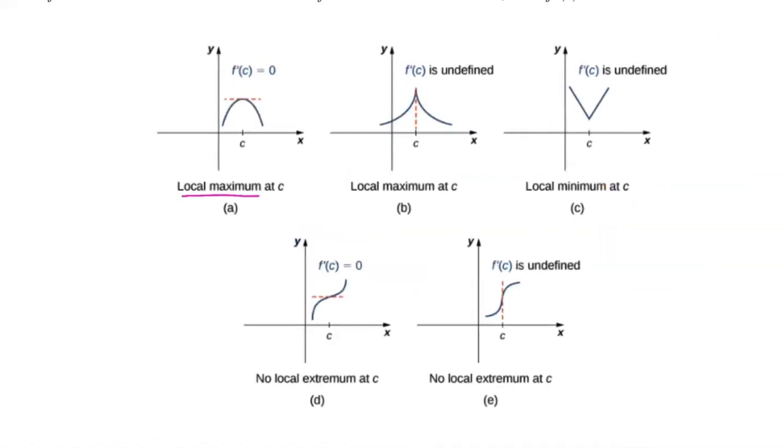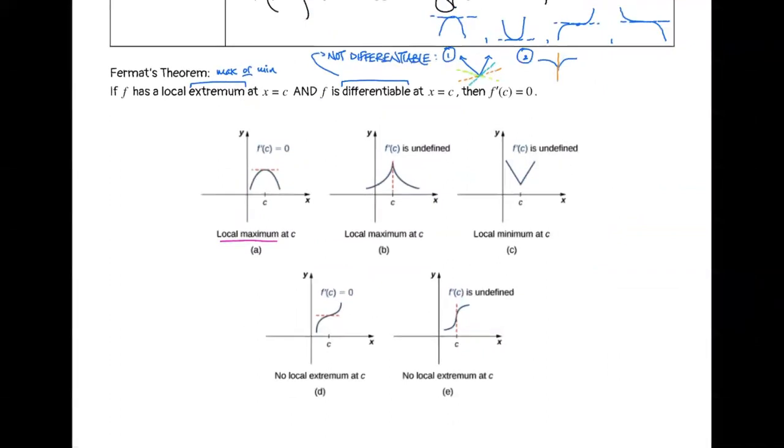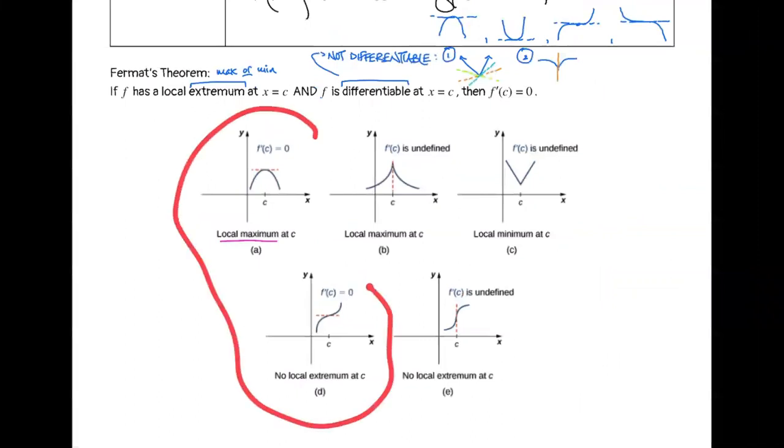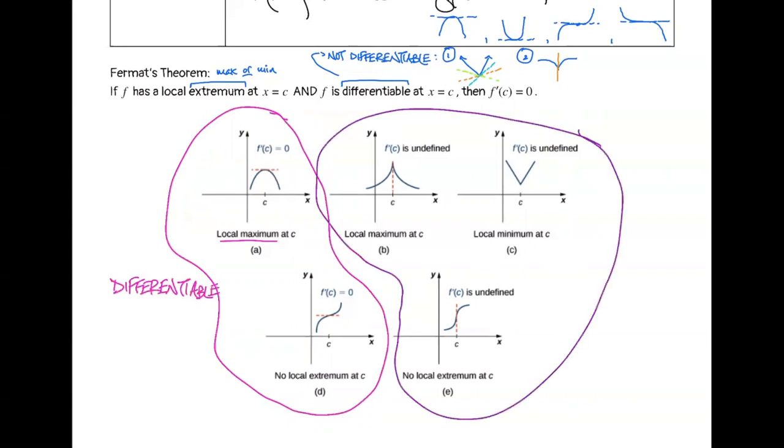The other 3 pictures are examples of when a function is not differentiable. Okay, so these 2 are both differentiable, so maybe let's put a little circle around those. These 2 are both differentiable everywhere, meaning they're nice, smooth functions that change gradually, whereas these three are not differentiable.